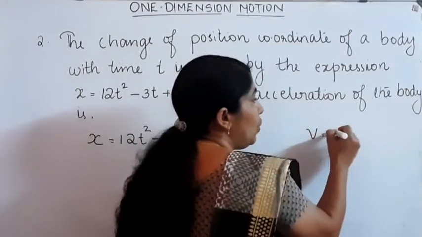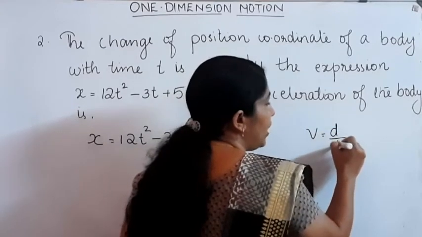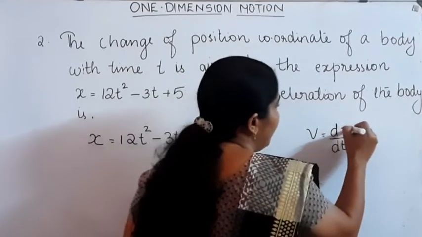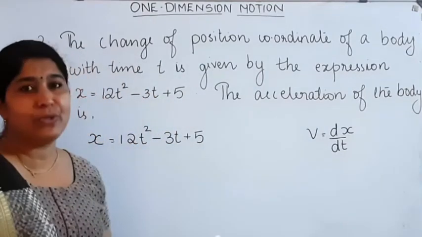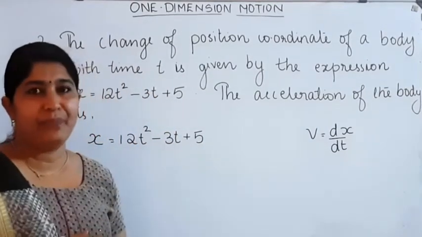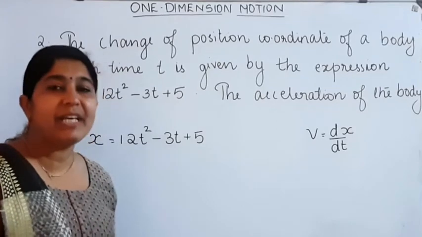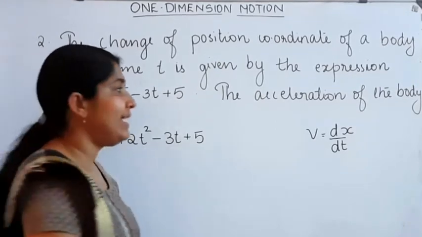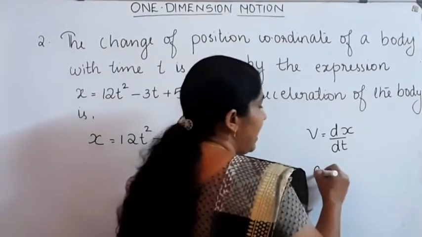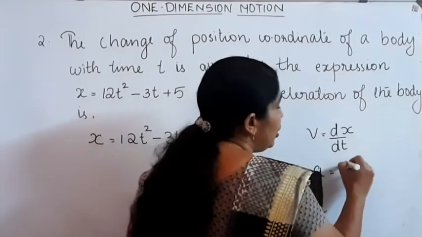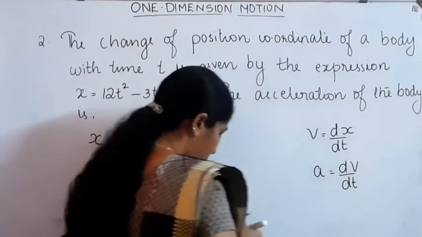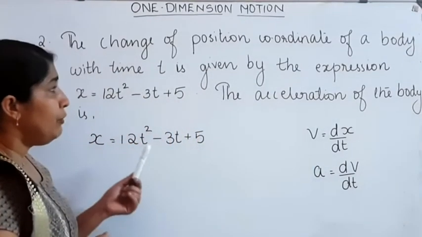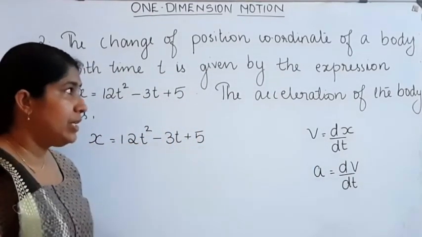Velocity is equal to the rate of change of position. From velocity, we can find the acceleration. Acceleration a is equal to the rate of change of velocity. Here we want to find the acceleration.